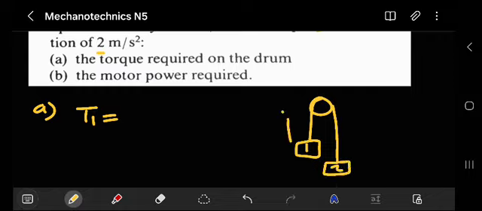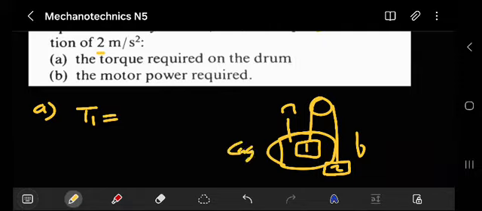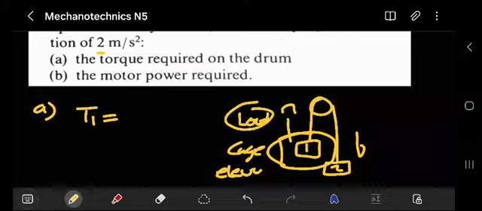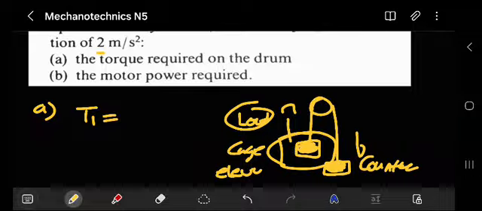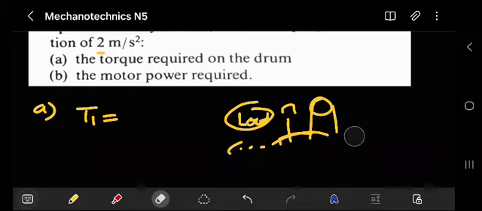M1 is going up, this is going down. This M1 is the cage mass, or elevator, or the load mass. As you can see, it's elevating. This side is the counterweight, or the balancing mass.